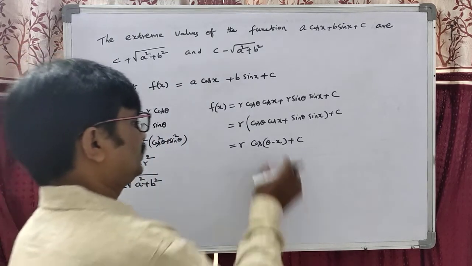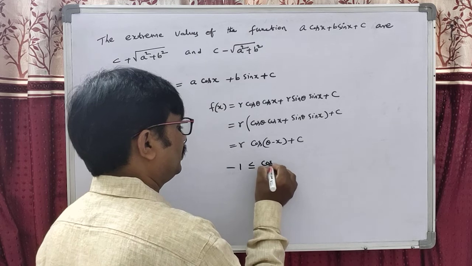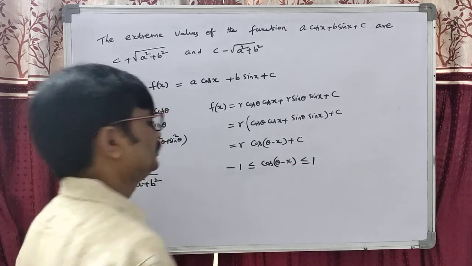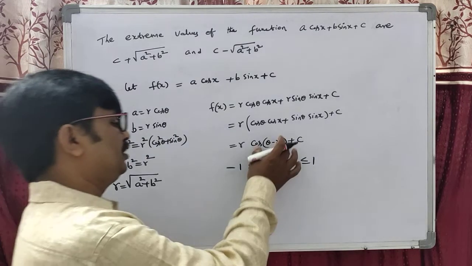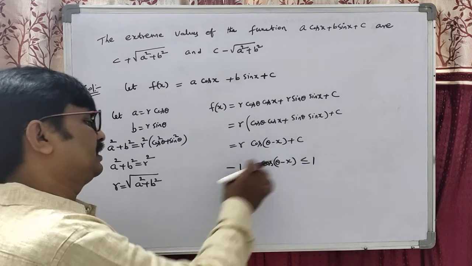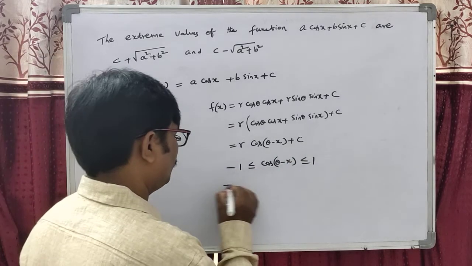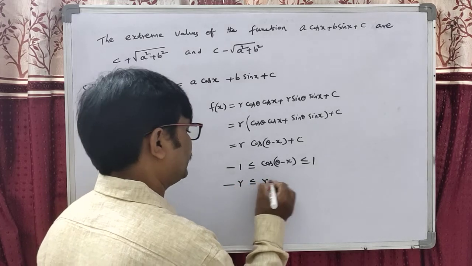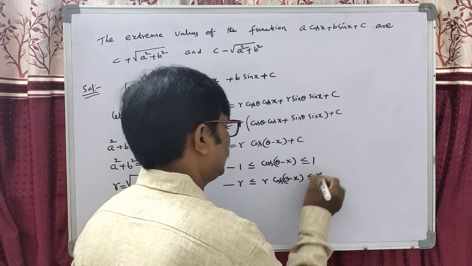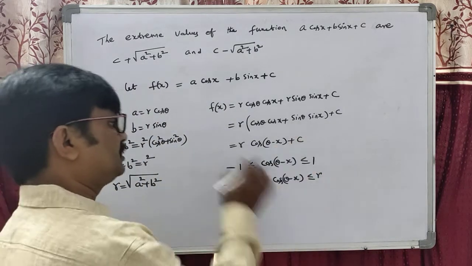Now students, cos of theta minus x lies between minus 1 and 1. Multiplying each term by r, we get minus r less than or equal to r cos of theta minus x less than or equal to r.